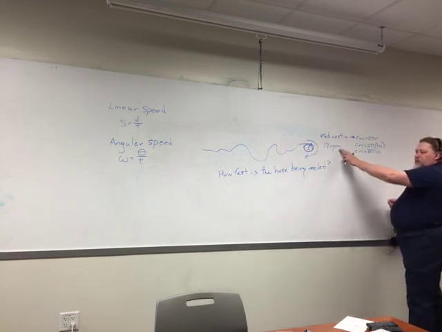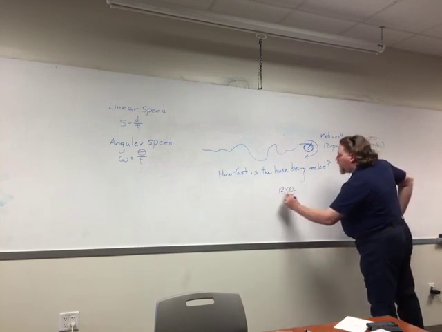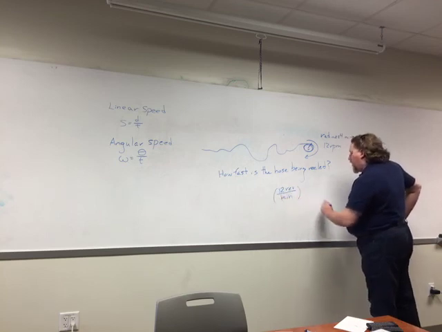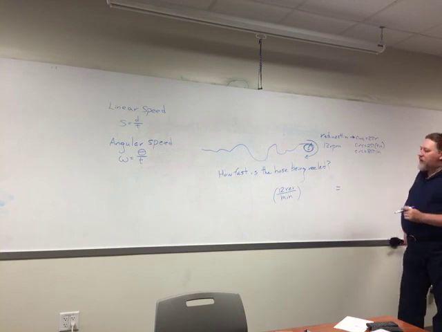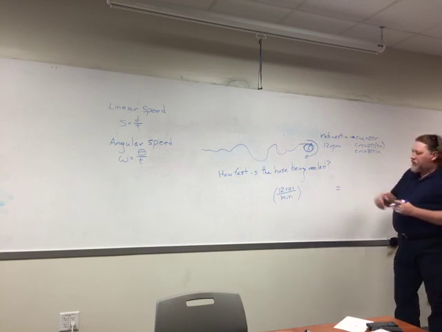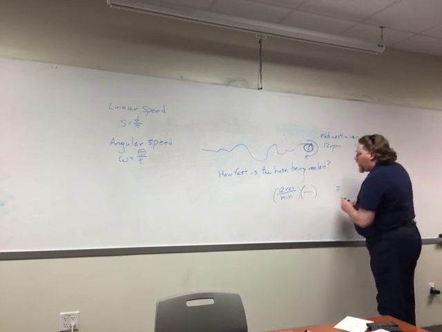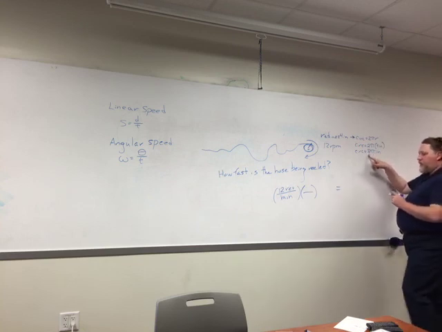So now I'm going to take my revolutions per minute. I have 12 revolutions every minute. And that's my starting point. But what I want to end up with is how fast the rope is being reeled in. So let's see. Well, what do I know about a revolution? I know that 1 revolution is the same thing as 1 circumference.